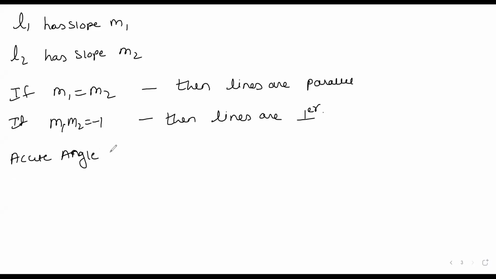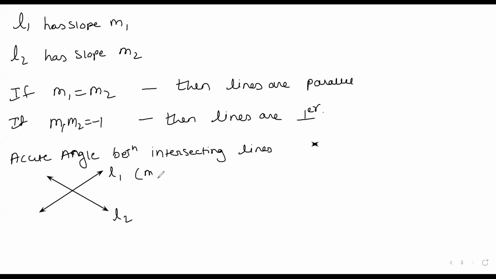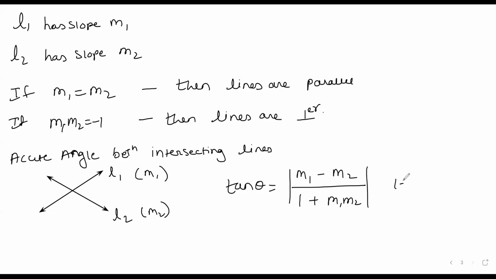Acute angle between intersecting lines. Suppose L1 and L2 are two lines with slope M1 and M2, then the acute angle is tan theta equals modulus of (M1 minus M2) upon (1 plus M1 M2), where 1 plus M1 M2 is not equal to 0.